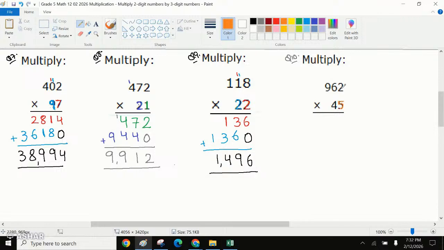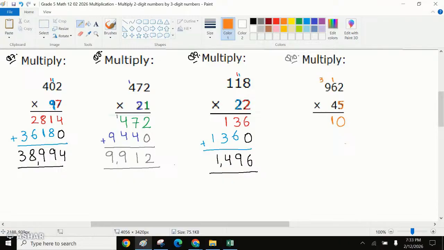5 multiplied by 2 is, can you give me the answer? 5 multiplied by 2 is 10, so we carry a 1 because there's 0 units and 1 tens. 5 multiplied by 6 is 30. 30 plus 1 is 31.